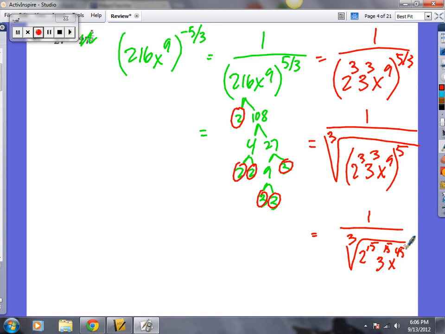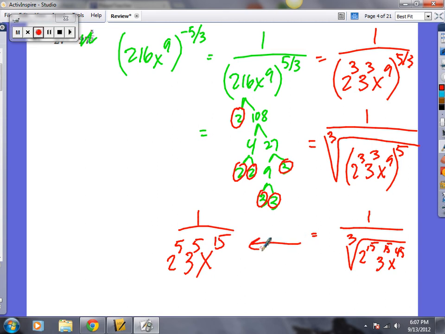So now, how many 2's, 3's, and x's can you pull out? 3 looks like it's going to go into 15, 15, and 45 evenly, so there's not going to be any left over. So I'm going to pull out 2 to the 5th, I'm going to pull out 3 to the 5th, and I'm going to pull out x to the 15, because 3 goes into 45 15 times.